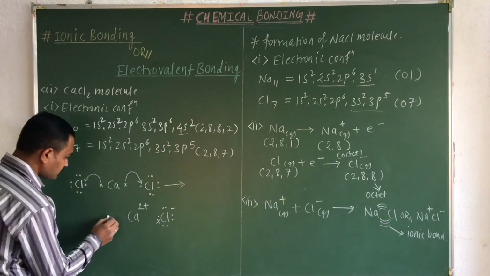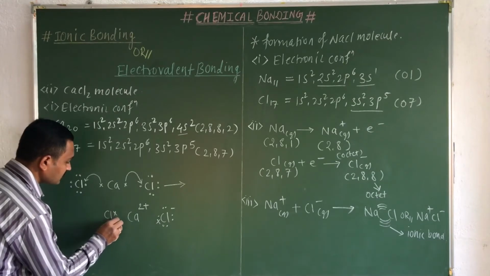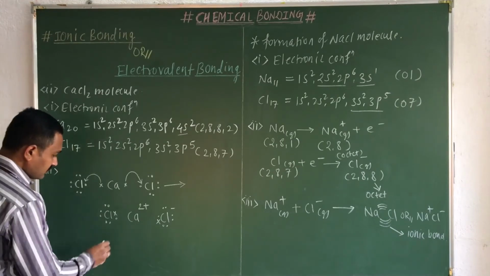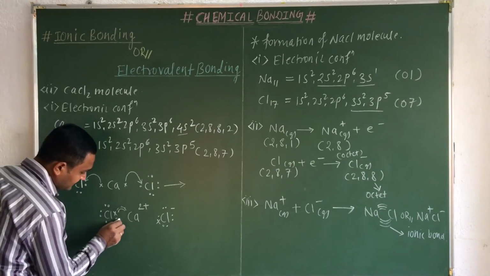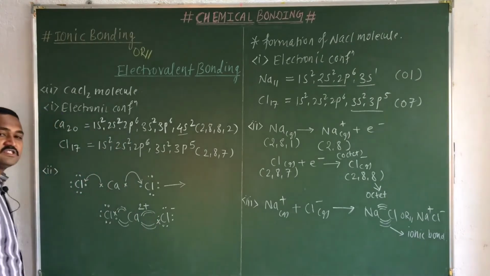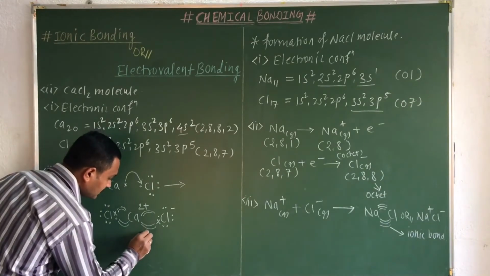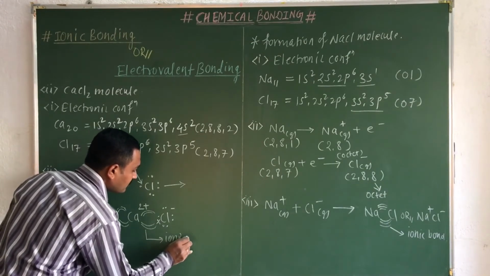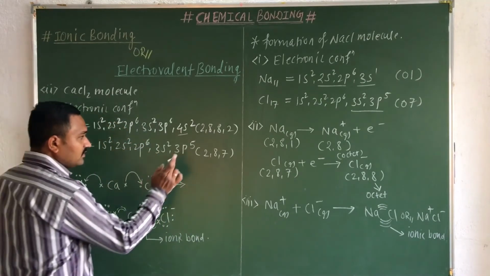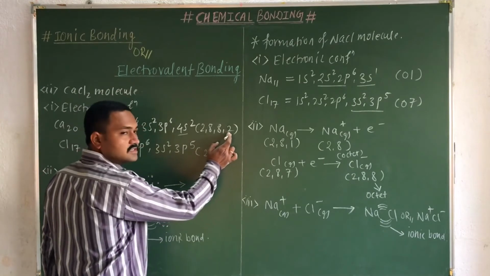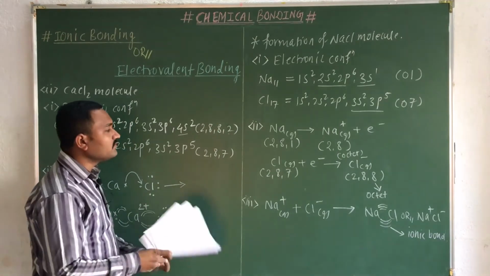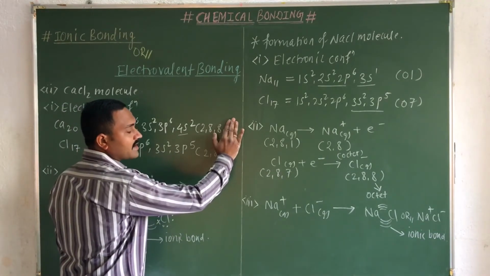I will show the electrons of the calcium by crosses, and these are the pairs of electrons of your chlorine. So obviously an attractive force develops between these two chlorine atoms and the calcium atom, and that bond is nothing but your ionic bond. So remember, during this process 2 electrons are lost by the calcium, so its electronic configuration will convert into 2, 8, 8.